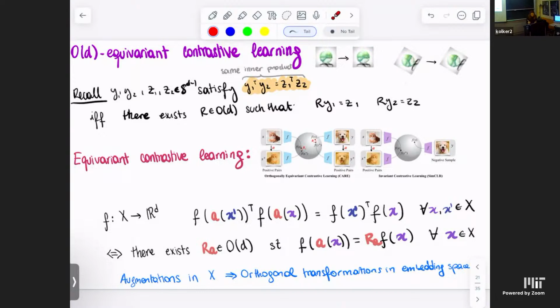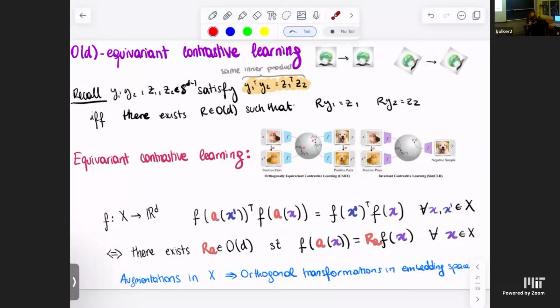So now x prime is my dog and x is my cat. And so I say that the inner product of the embedding of the augmented version of x with the embedding of the augmented version of x prime needs to be equal to the inner product of the embedding of x and the embedding of x prime.